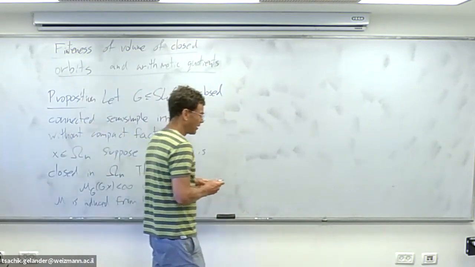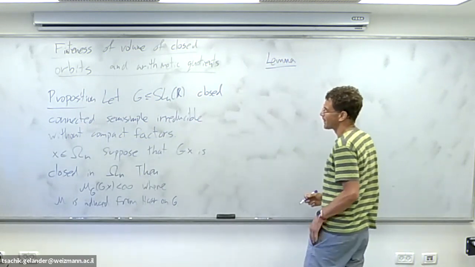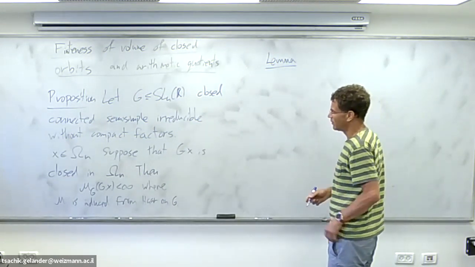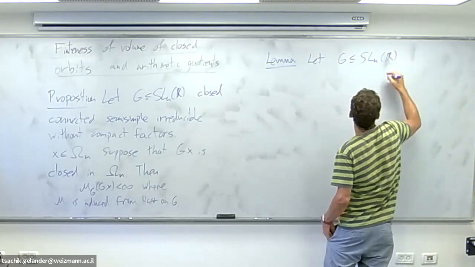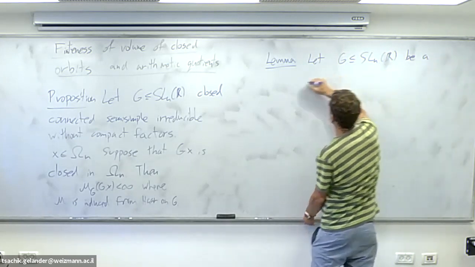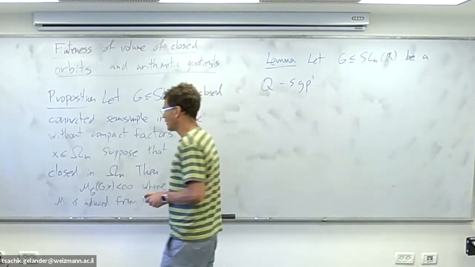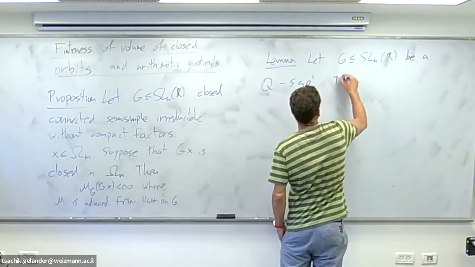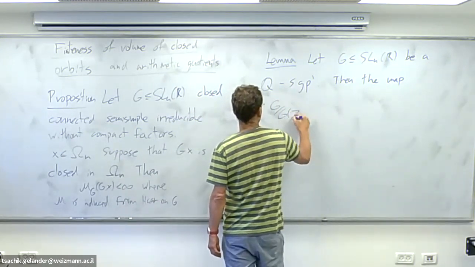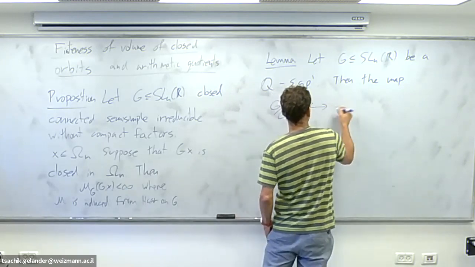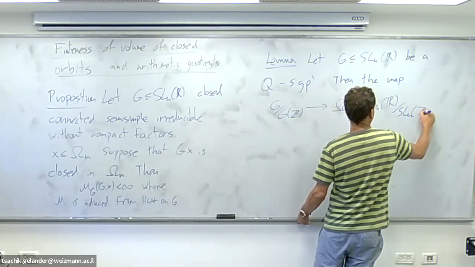Let me say one more thing. Another lemma is the following. Let G inside SL_n(R) be a Q subgroup, so it's a group defined over Q. Then the map from G mod G(Z) to omega n, which is SL_n(R) mod SL_n(Z), is proper.